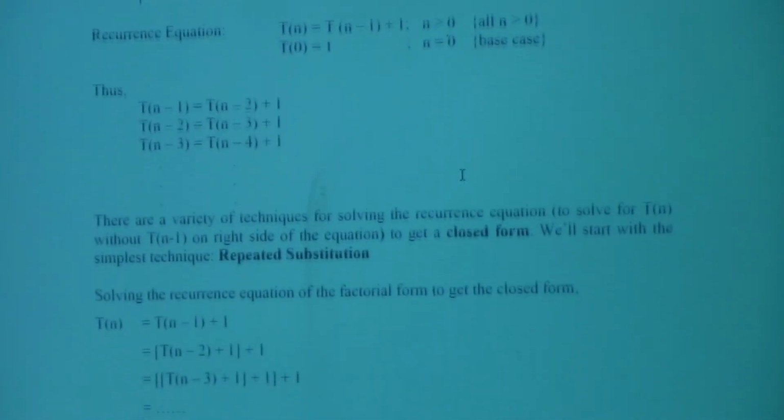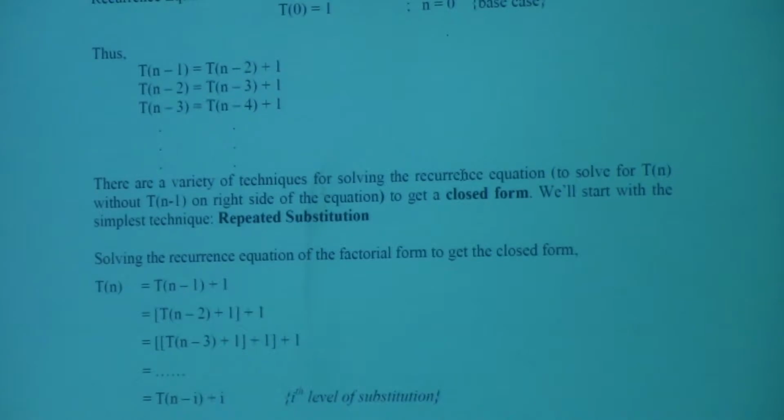So what we're going to try to do is be clever about it. We say T(n) = T(n-1) + 1. Now I'm going to substitute what T(n-1) means. So I replace this circle in here with this bracket, because this bracket is the value of T(n-1). So that's a substitution.